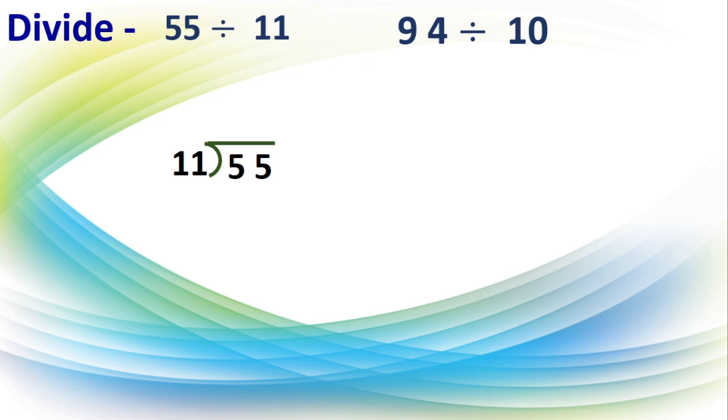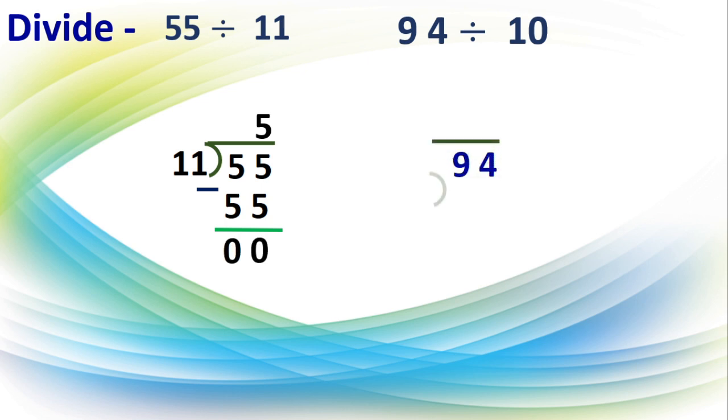55 divided by 11 and 94 divided by 10. We will go for 55 divided by 11. See, 11 5s are 55. This is the division method. 94 divided by 10: 10 9s are 90. Correct?